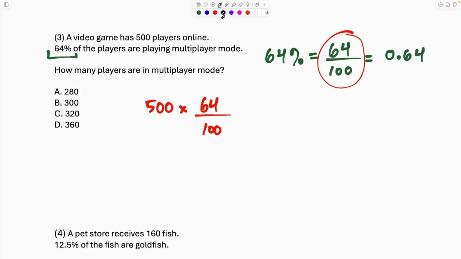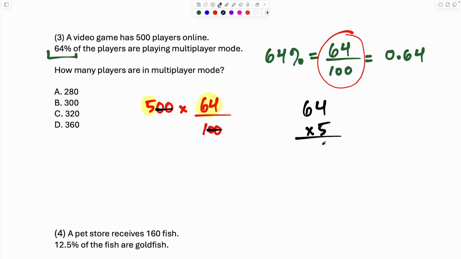The reason I do this is anytime you have common zeros in the numerator and denominator and everything is attached by multiplication and division, you could cross off the common zeros. So I cross off these 2 zeros with these 2 zeros. And now all I have to do is multiply 5 times 64. So I'll just do that on the side. We get 64 times 5.